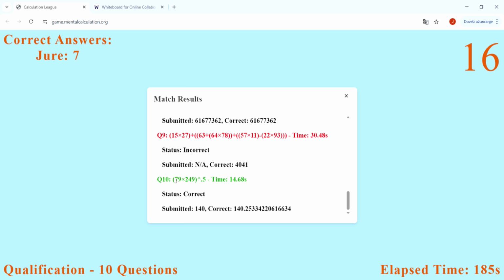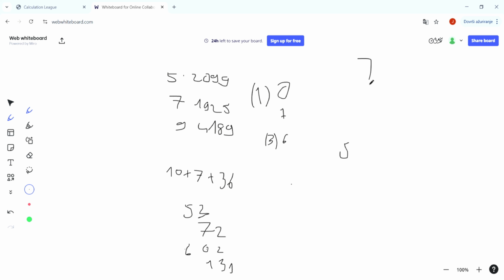And about this last one, I did try two tactics about solving these tasks before. I did it relatively slow. I should have done it faster, but never mind. So 79 times 249 and square root of that. You can do square root of 79 times square root of 249.